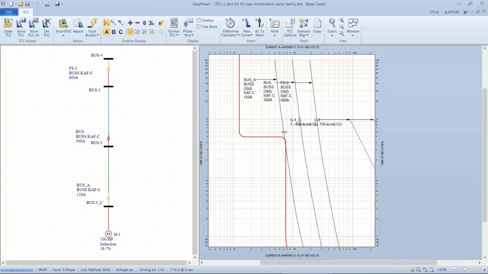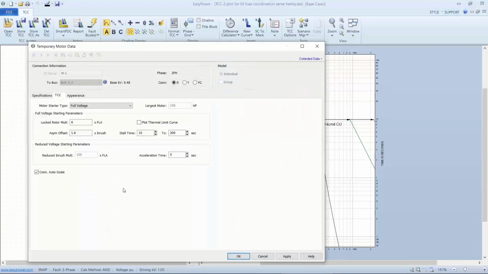And so at that point, I need to take into account whether or not I want to use a different size fuse, or if I want to verify the acceleration time of the motor, in which case I might slow down if I had that information.